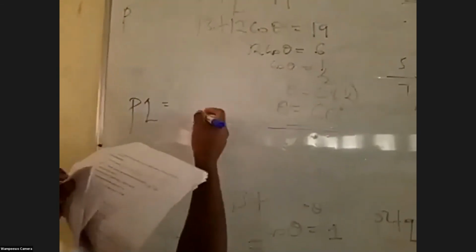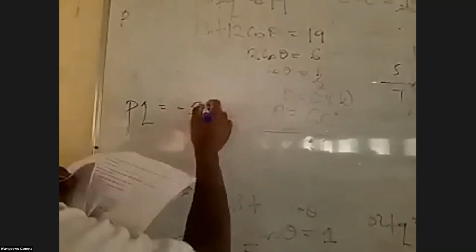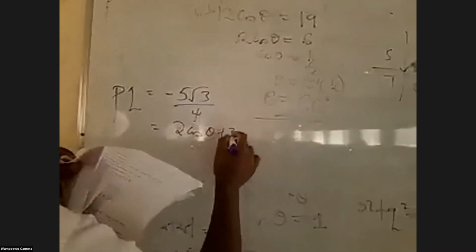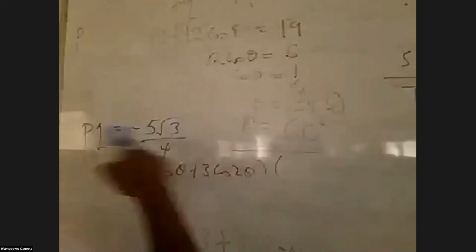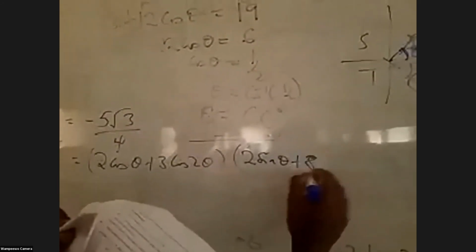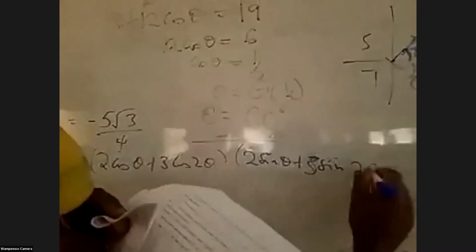Then they told us to show that PQ is equal to negative 5 root 3 over 4. But I know my P was 2 cos theta plus 3 cos 2 theta, into, because it's a multiplication, my Q was 2 sin theta plus 3 sin 2 theta.